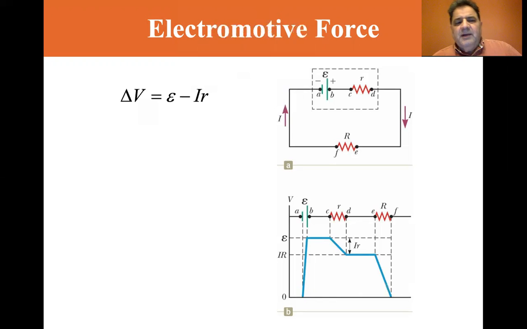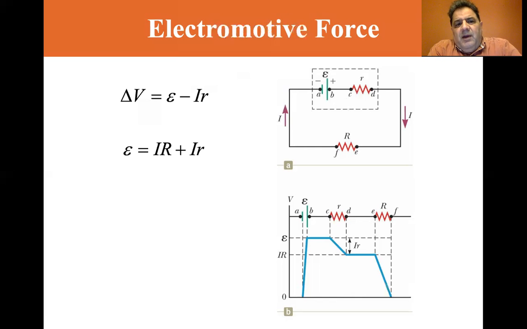So the voltage is equal to E minus Ir, which is the current times the little internal resistance. So the voltage you get is the electromotive force, the EMF, minus the Ir of the internal resistance. That's what's supplied to the other resistor.